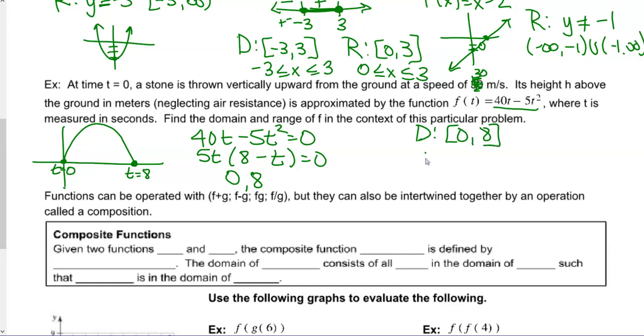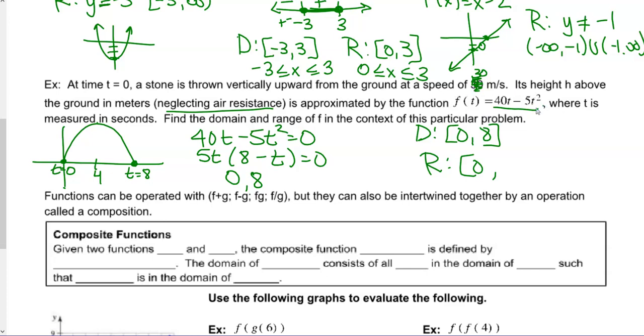Now, the range, like I said, is going to be the y values which go from here to here. I know I'm going to be starting at 0, but the question is, how high does this go? Neglecting air resistance, we're going to assume that it's a nice parabolic shape. So where does the maximum occur between 0 and 8? I'm hoping you're telling me that it's halfway in between. That means at t equaling 4, I need to figure out the range.